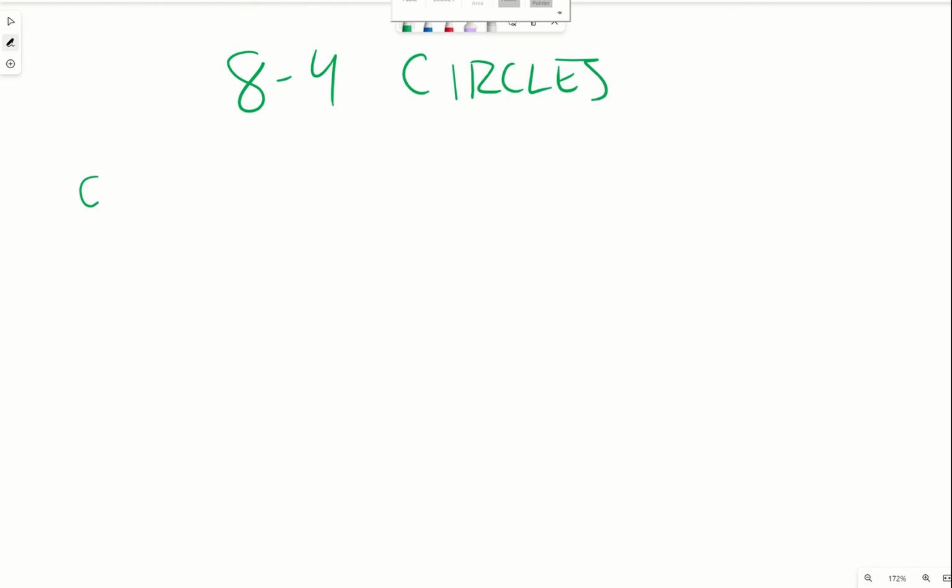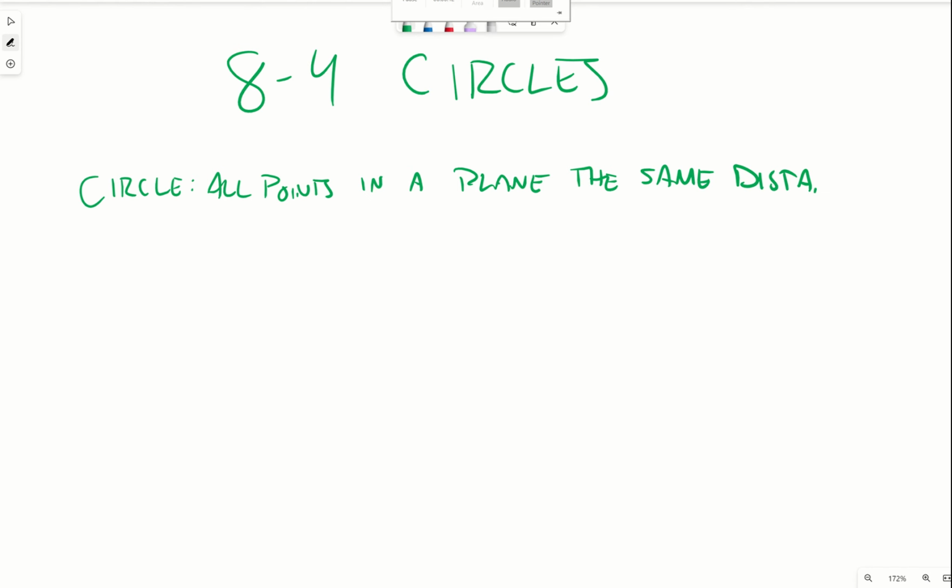Okay, so a circle: all points in a plane the same distance from a given point called the center of a circle.